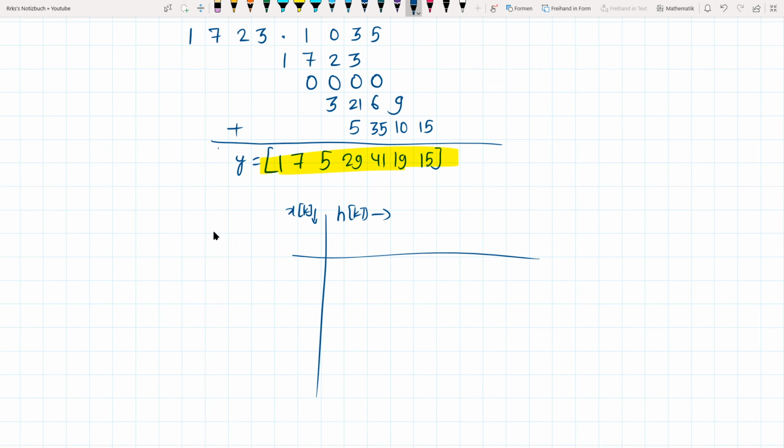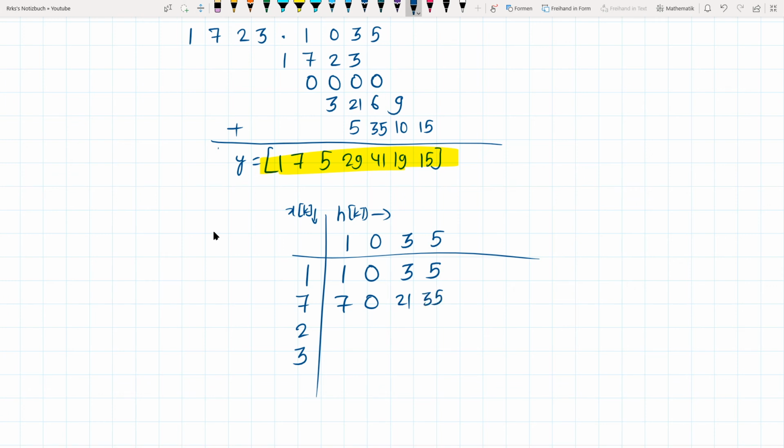So let us write here 1 0 3 5, and on this side we'll write 1 7 2 3. Now you multiply everything here: 1 times 1 is 1, 1 times 0 is 0, 1 times 3 is 3, 1 times 5 is 5. We do the same thing with the 7: 7 times 0, 7 times 3 is 21, 7 times 5 is 35.